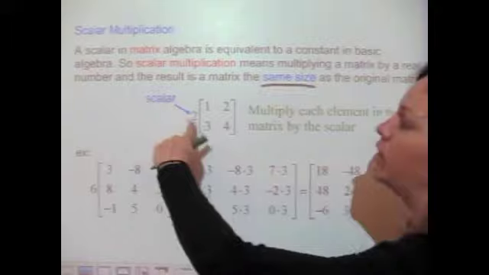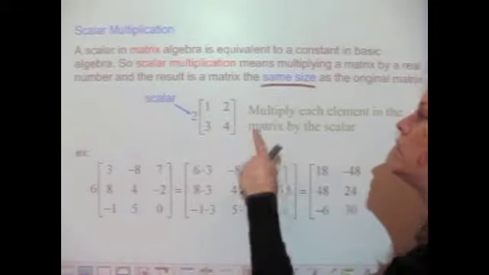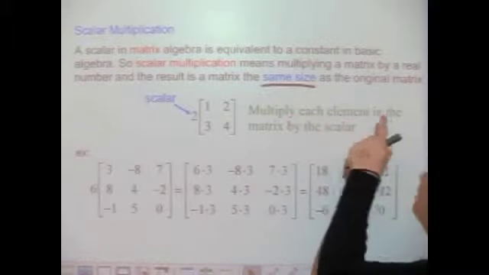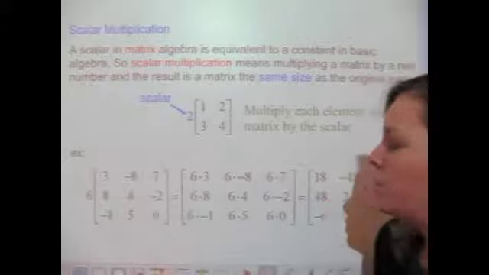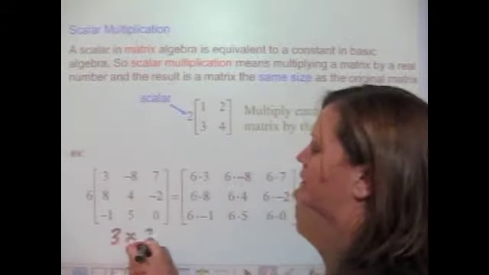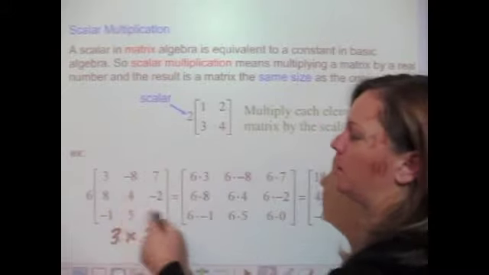So if we have a scalar, like this number 2, and we want to multiply that by this matrix, all we do is multiply each element in the matrix by the scalar. Okay, so for example, if we want to multiply this 3 by 3 matrix by this scalar 6, all we do is multiply each of its parts by 6.